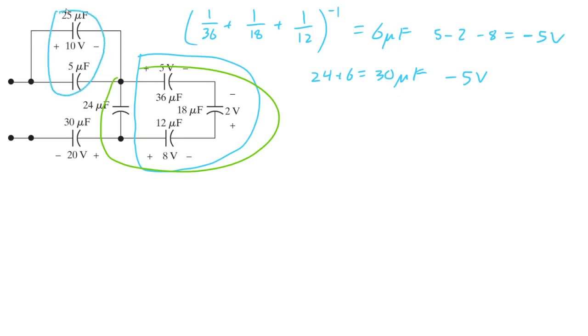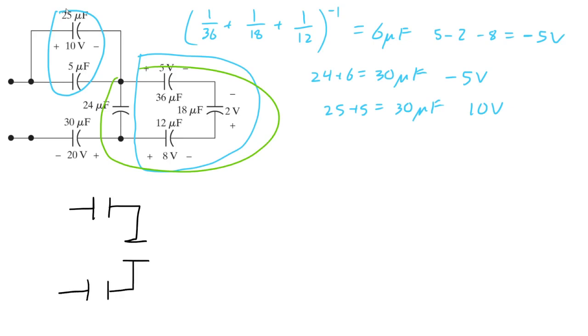I'm going to do this one right here also. These two are in parallel, so 25 plus 5 is 30 microfarad. We already know they share the same voltage, so 10 volts. So now we've got a new simplified circuit. Let's write it out. Here is 30 microfarad plus 10, 30 microfarad, and I'll have minus 5.